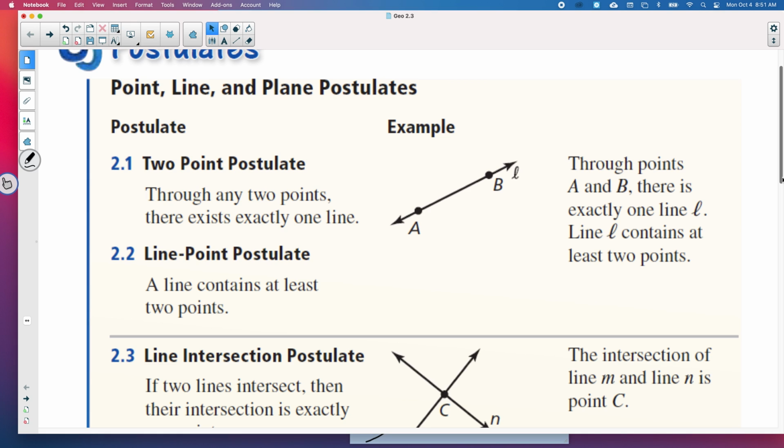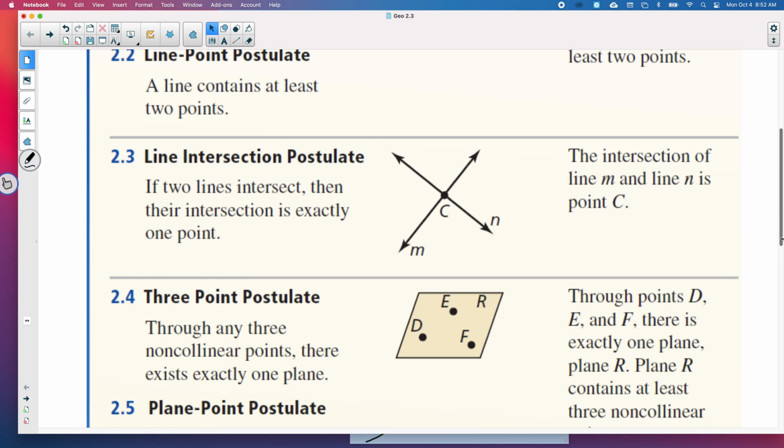The first one is the 2-point postulate, and it says through any 2 points there exists exactly one line. And that's a picture of that. The converse says a line contains at least 2 points. They just flip it around, and that's called the line point postulate.